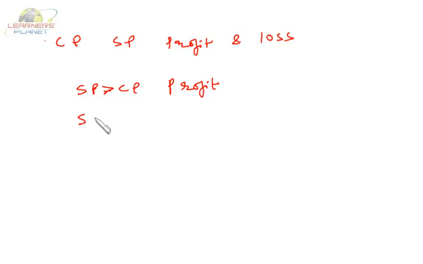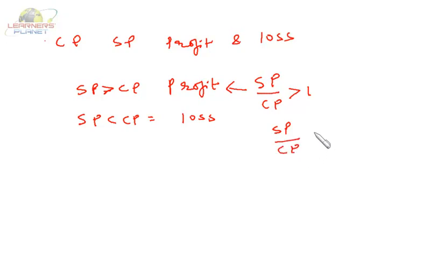If selling price is less than cost price, then there is a loss. Okay, now that means if I divide selling price by cost price, the expression should be greater than 1, isn't it? Since selling price is greater than cost price, so in other words, if SP by CP ratio is greater than 1, there is a profit, and if SP by CP ratio is less than 1, then there is a loss.